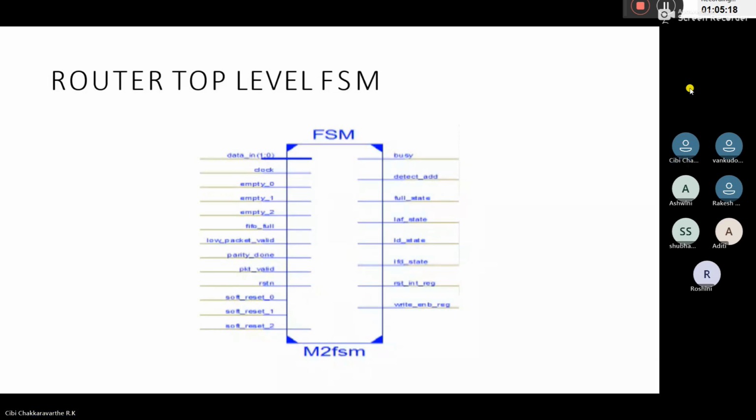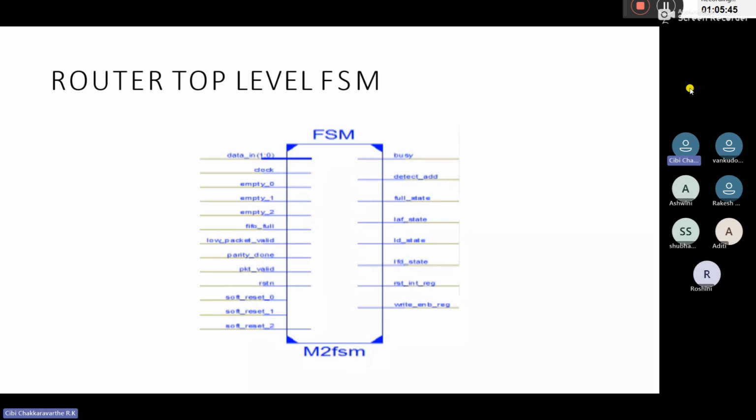The use of this is that it will manage the states and enable signals. For example, if we are passing the first data, what we are going to assert is the load first data signal. So who will take care of that? Our FSM will take care of that, because previously it may be in the address decode state.